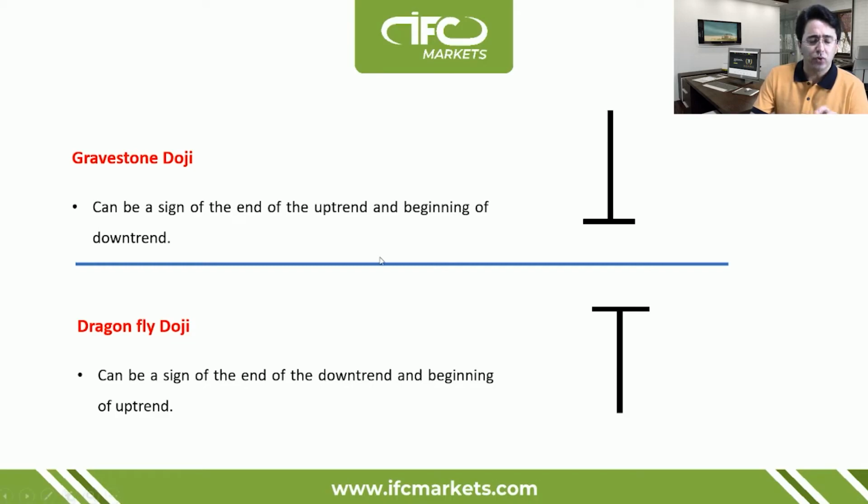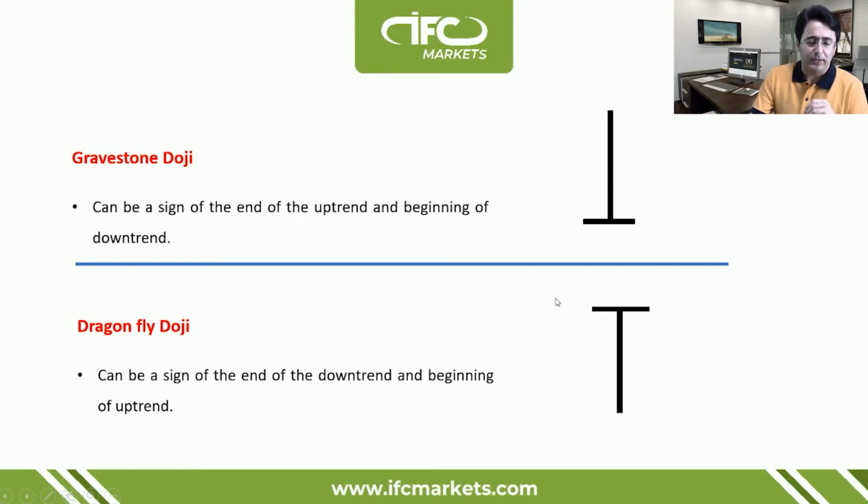And the last doji candle that we mostly use is the Dragonfly Doji. As you can see here, the Dragonfly Doji usually appears at the end of the downtrend and the beginning of an uptrend. Same as the Gravestone Doji, but vice versa. The downtrend is trying to go lower, but the power of the trend has ended, and it cannot go deeper.